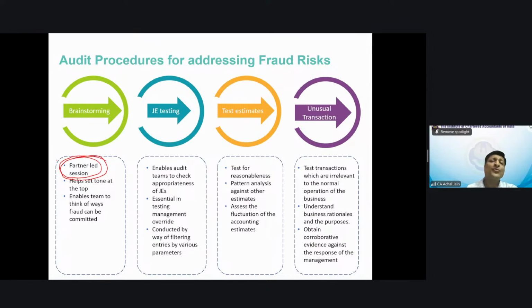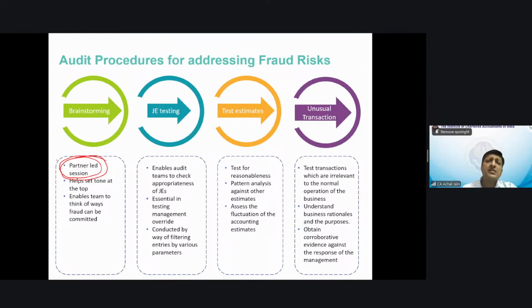But what if there are a few accounting entries during the year which are passed by the CFO? That's something you will want to examine. You will want to check what the reasons are for that, because that could be something unusual. So over here, what are you trying to assess? Something which is unusual at times.